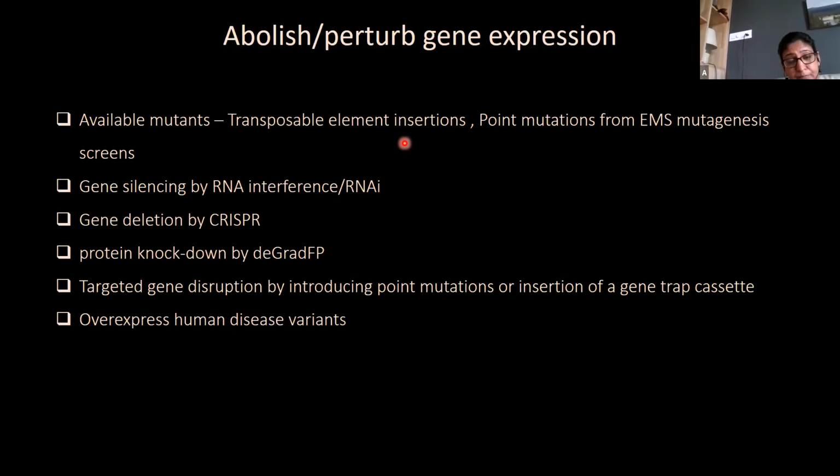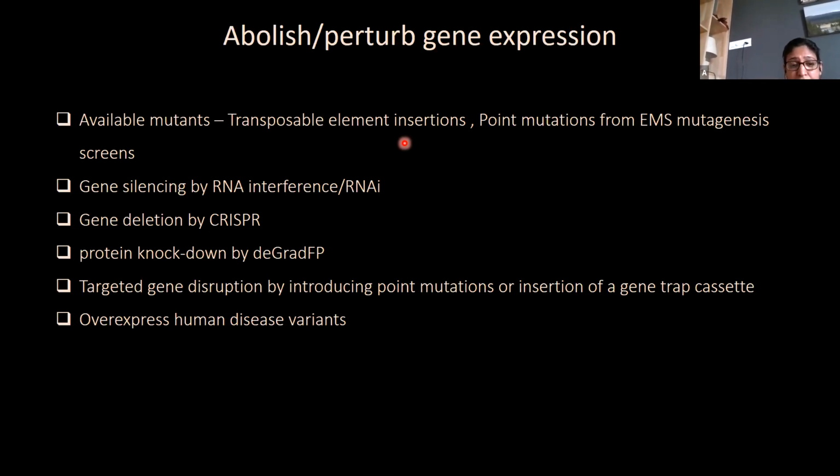In case you don't find a source of mutant, then you can either do RNAi or gene deletion by CRISPR, or you can do protein knockdown using degradFP, or you can do targeted disruption, where you can actually exchange the sequence of this gene with another sequence which contains the point mutations.